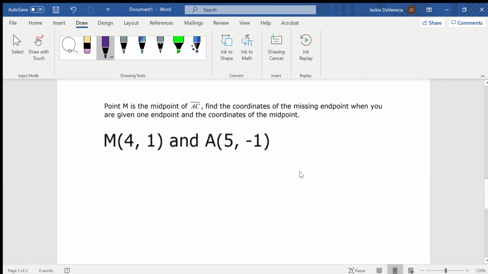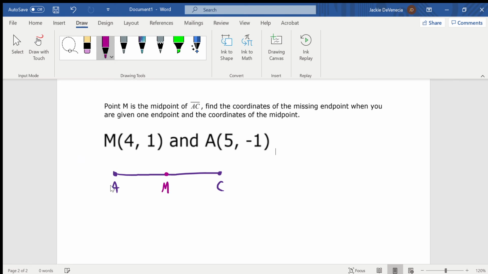So now let's look over here. The point M is the midpoint of AC. Find the coordinates of the missing endpoint when you are given the one endpoint and the coordinates of the midpoint. So that was a lot, but basically this is telling me that in a coordinate plane, I have a point A and a point C, and they connect to make a line segment. Now in between them, there's point M, which is the midpoint.